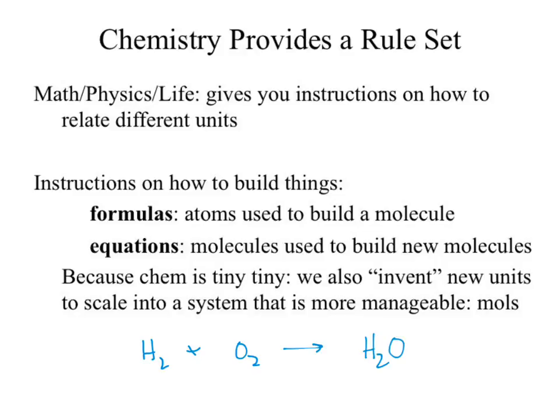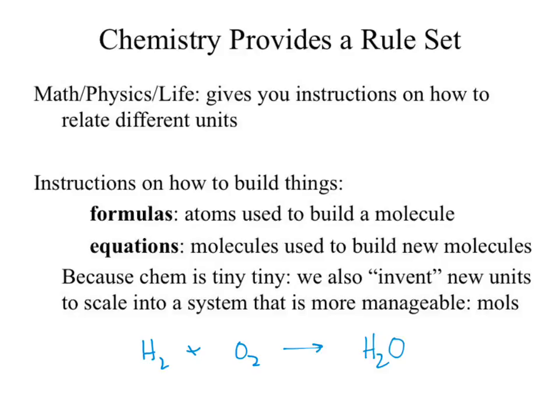Right? And I know to build that water I need 2 hydrogens and 1 oxygen. So I have an idea on what molecules I need to use to make that compound. That's all it's telling me. So how many hydrogens do I need to make water?